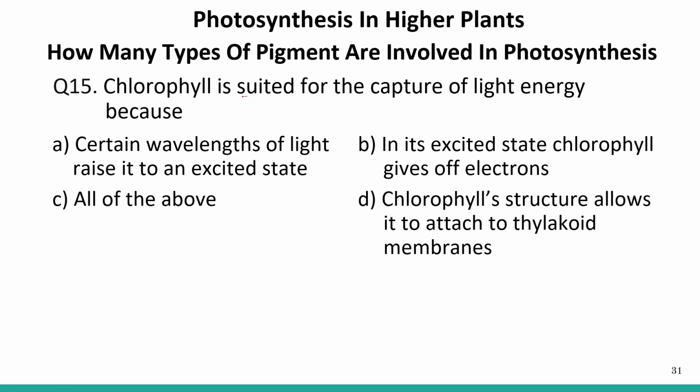The next question is, chlorophyll is suited for the capture of light energy because certain wavelengths of light raise it to an excited state. This is true. Then, in its excited state, chlorophyll gives off electrons. This is also true. And the third option is chlorophyll structure allows it to attach to the thylakoid membrane. This is also true. If we talk about the structure of chlorophyll, it has the porphyrin head and it also consists of the phytol tail.